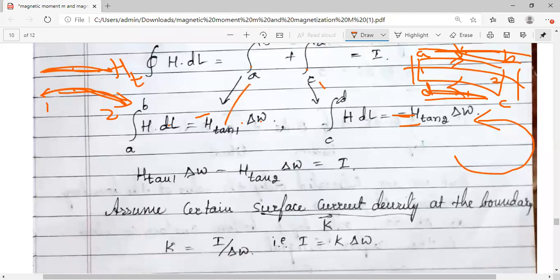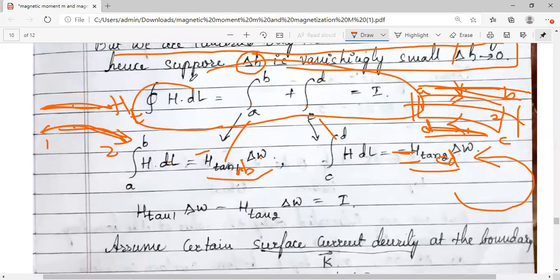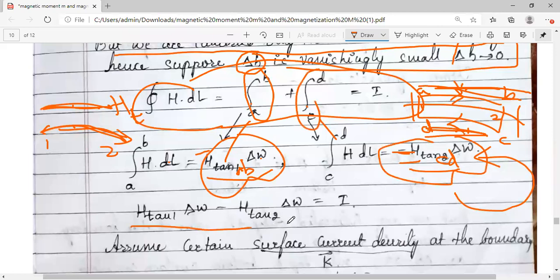So AB and CD are H tan delta W minus H tan delta W. You can take tan 1 for AB, and here you can take CD. If you substitute in the Ampere's law equation, the line integral of H dot dL is equal to this value, that is H delta W for AB and minus H delta W for CD, equals I. So take delta W common in this.